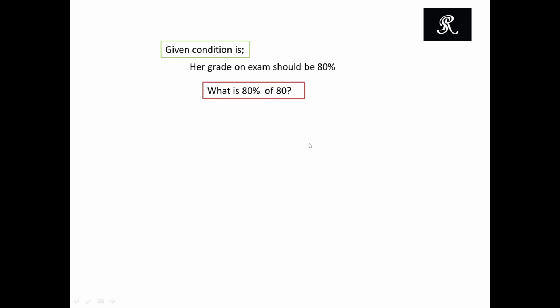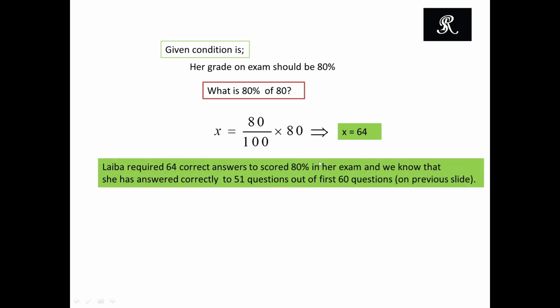This means first of all we will find out what is 80% of 80, because she must score 80% in her exam. So with the replacements, we will find x equal to 64. So in total, what does she need?